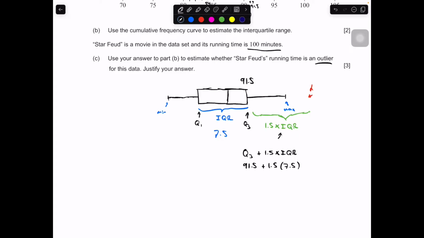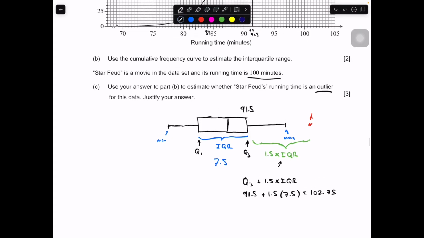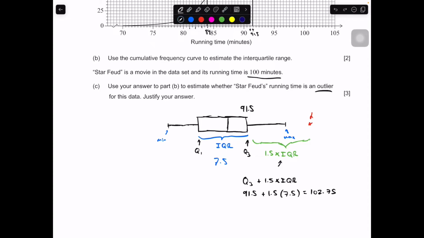So I'm going to work that out on the calculator that I have right here. 1.5 times 7.5 plus 91.5 gives us a value of 102.75, or to 3 sig figs, I guess we could say 103, but actually let's keep the values as they are. 102.75. So is this Starfeud, which is 100 minutes, an outlier?